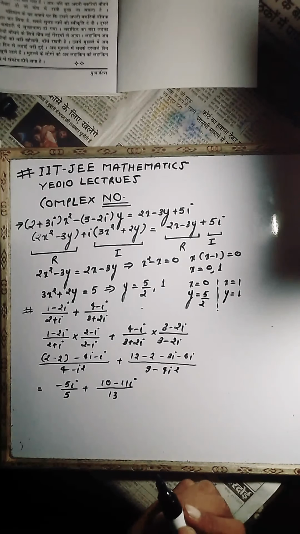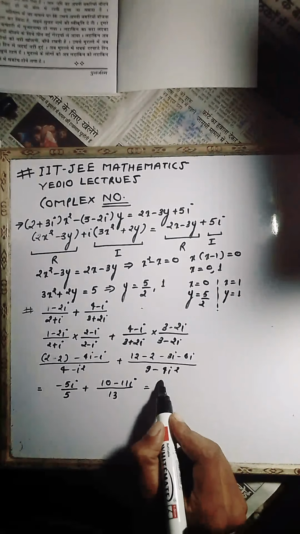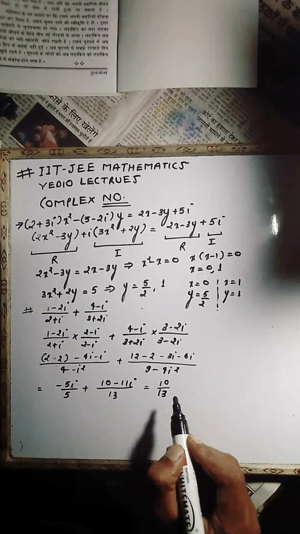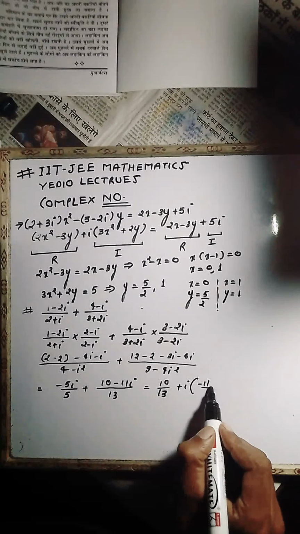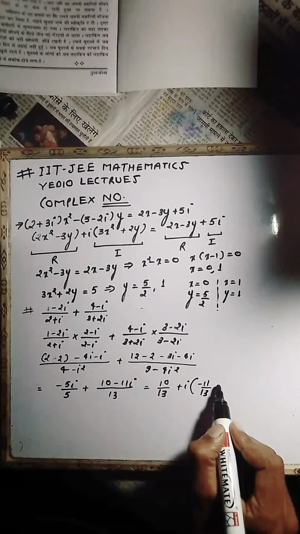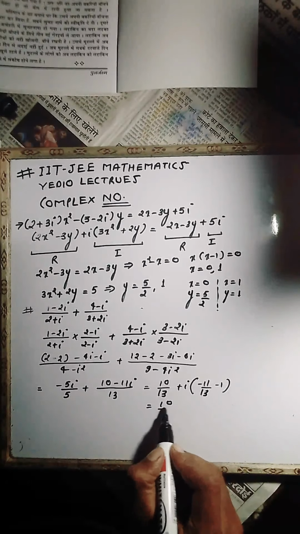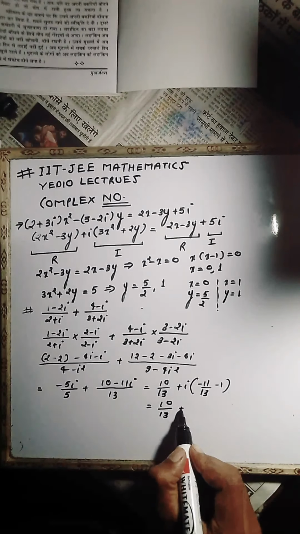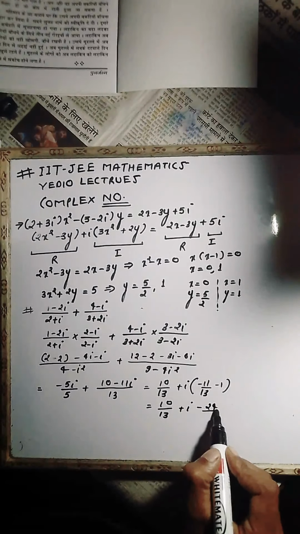Okay. So what will be the answer here? Equals to by 13, and here plus i times minus 11 by 13, and minus 1 equals 10 upon 13 plus i times minus 24 upon 13.